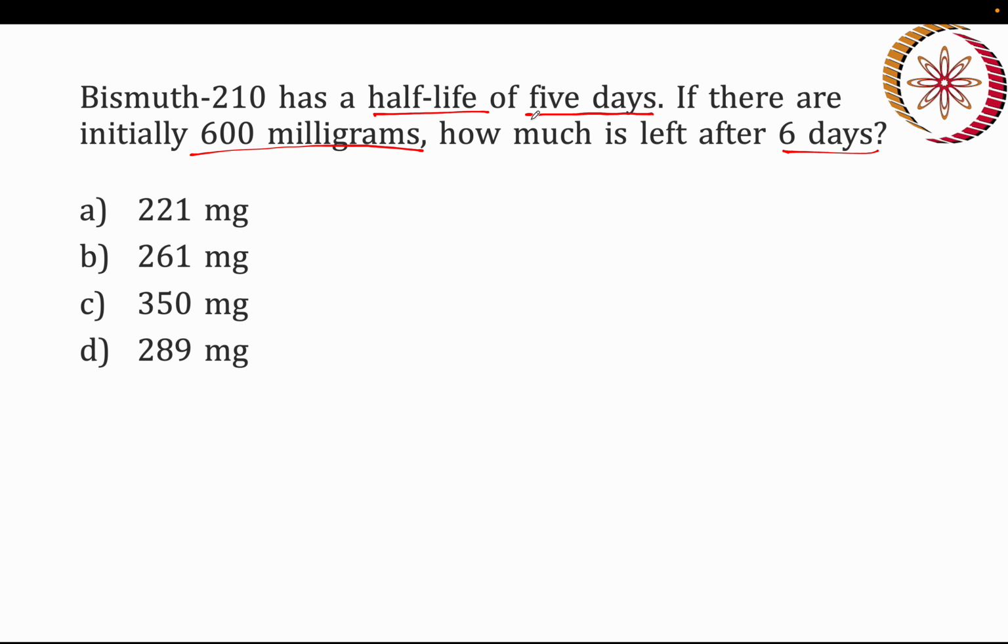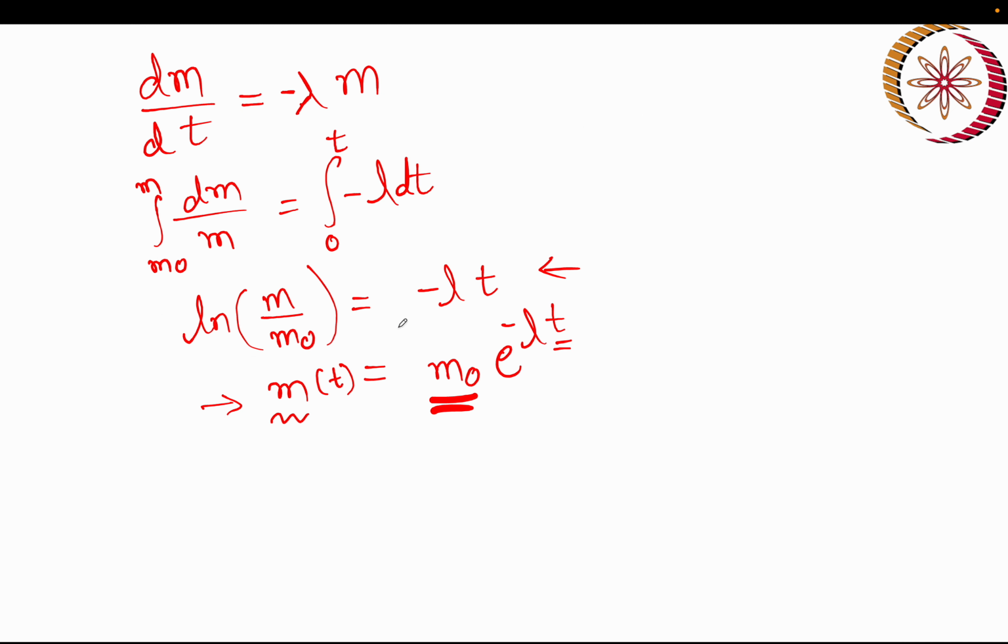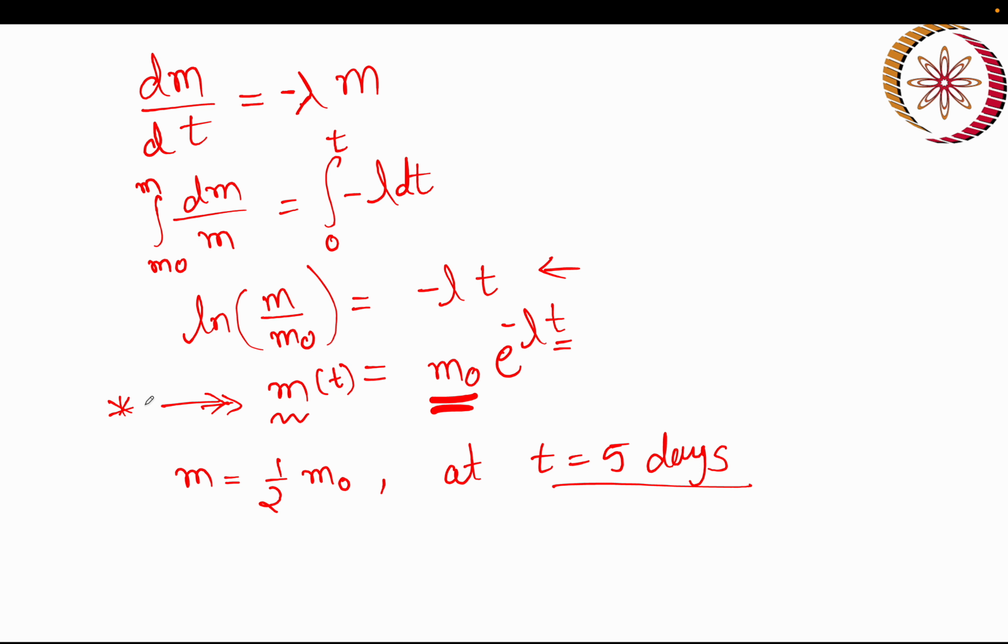So what is given is a half-life of 5 days. So we have m, which is nothing but half of m0, at t equal to 5 days. If we substitute this into this equation, we get half m0 equal to m0 e raised to minus lambda, and t is 5 days.